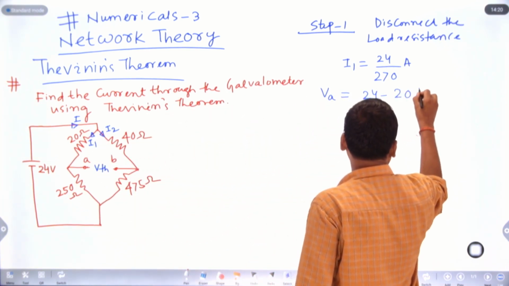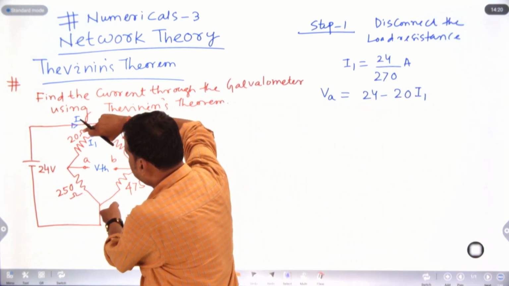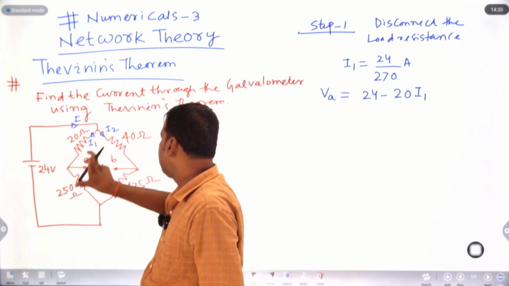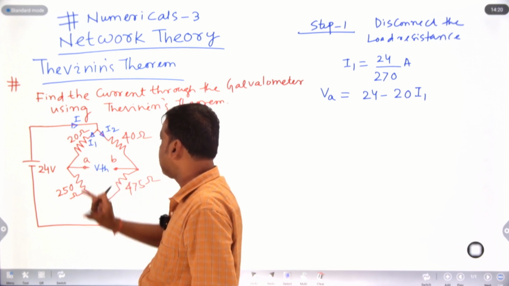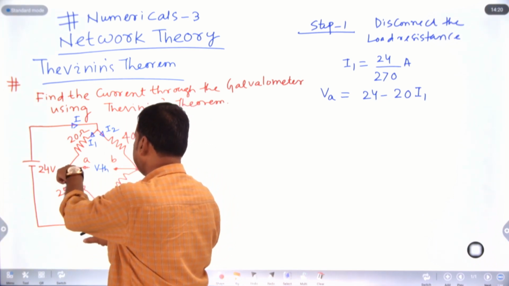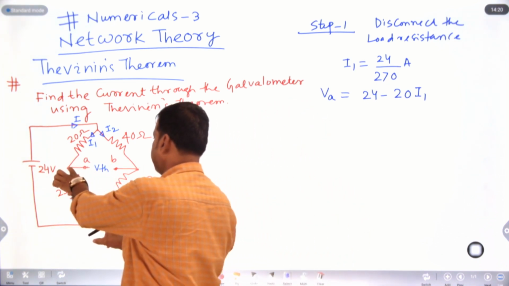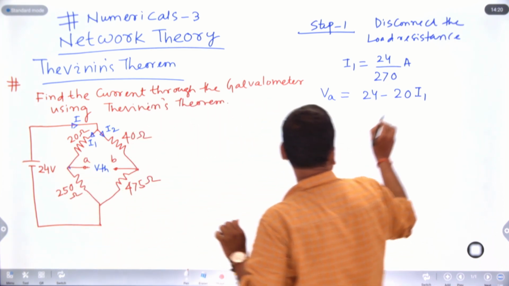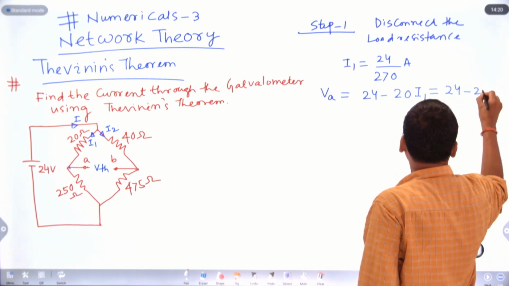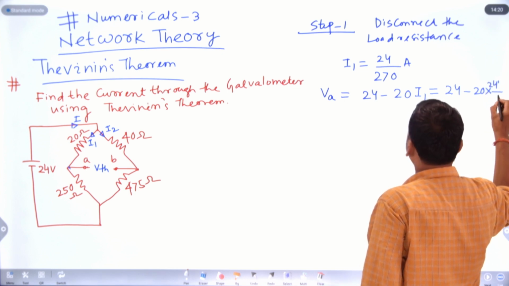If there are two resistances, the voltage across this plus the voltage across this is 24 volt. So we calculate the potential at this point, which is VA, with respect to this one. VA equals 24 minus 20 into I1, that is 24 minus 20 times 24 divided by 270.